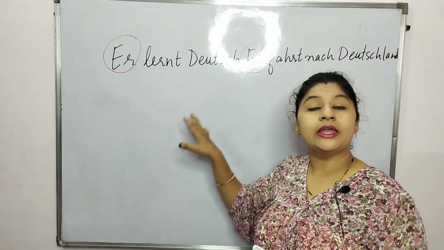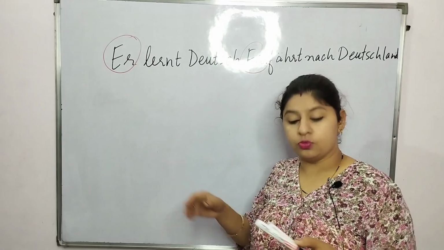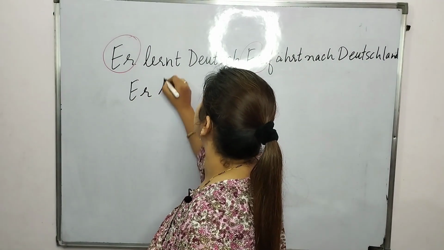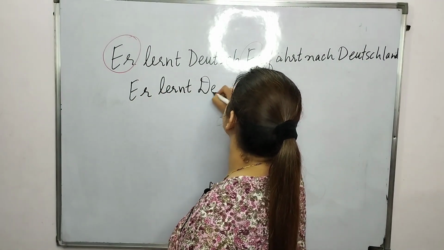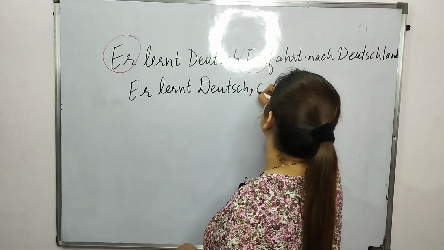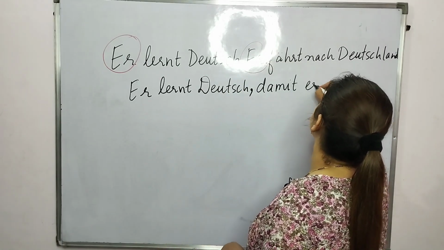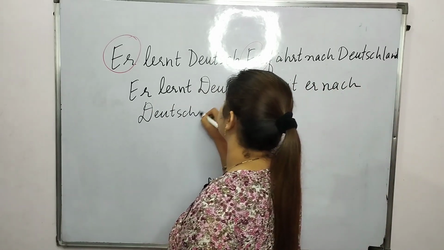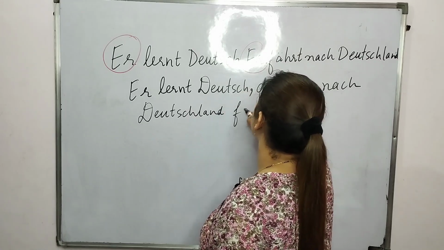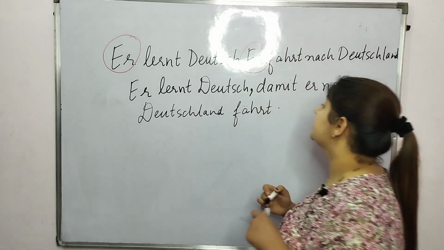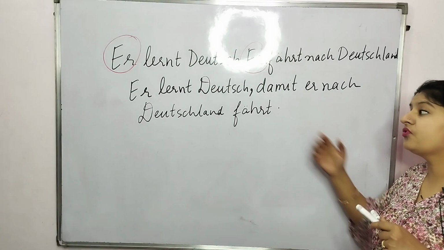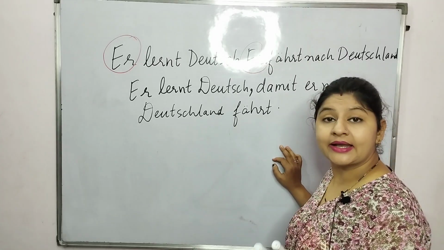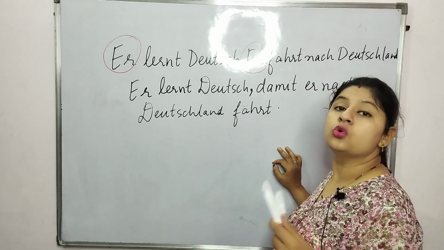So here we can use damit as well as um zu. In that case our sentence is: Lernt Deutsch, damit nach Deutschland fährt. So he learns German so that he goes to Germany.